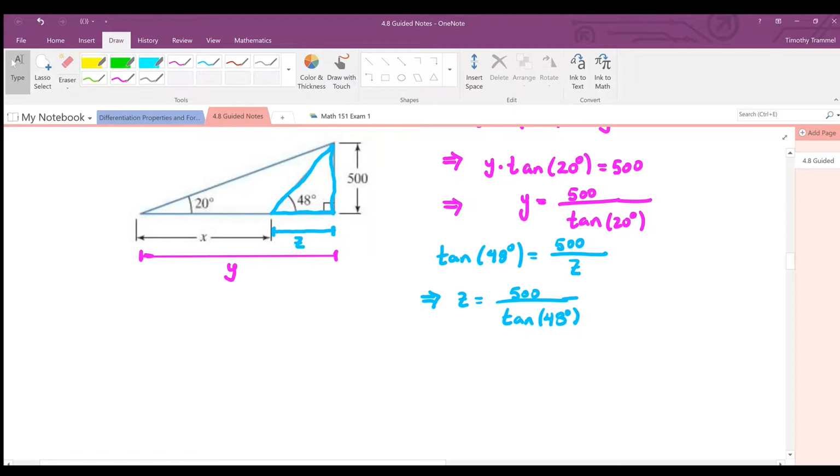And now we can get our final answer. We can figure out what the length of x is. I'll leave this z in here though. So if I'm looking for x, we're just going to do y minus z.